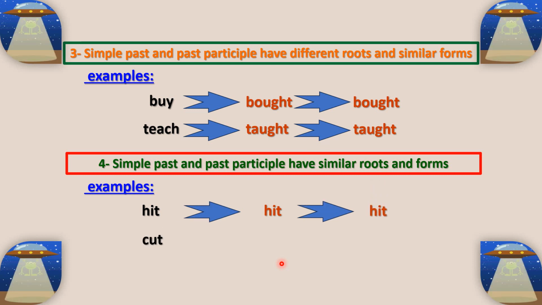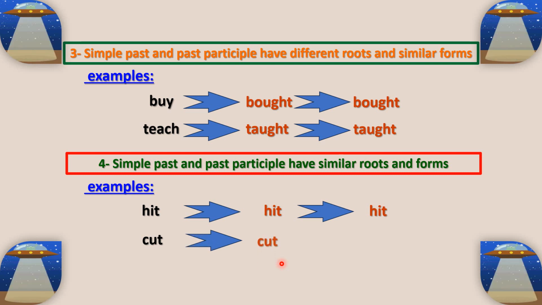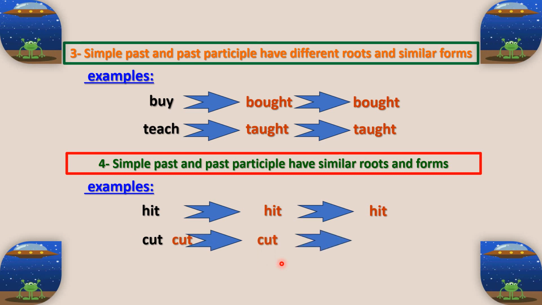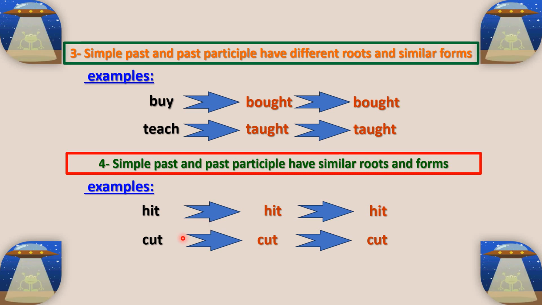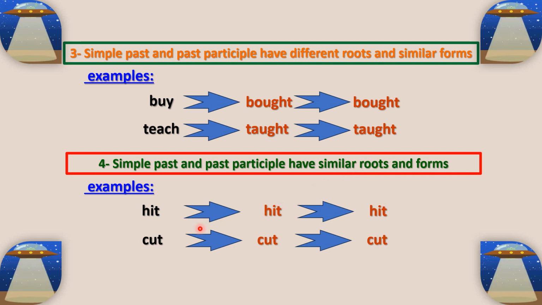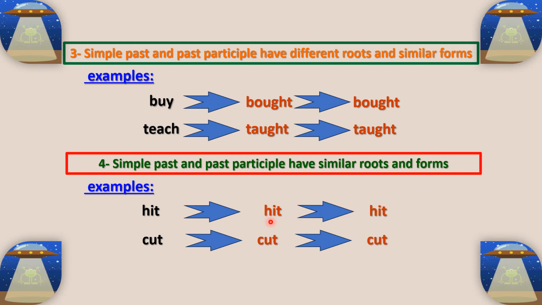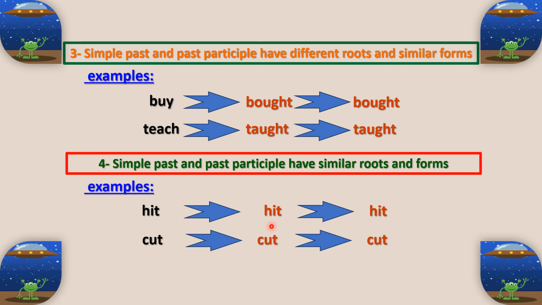Another verb, to catch. The simple past is catch, and the past participle is catch also. These verbs have similar roots. Look, the root does not change. Okay, the forms do not change either in the past participle or in the simple past.